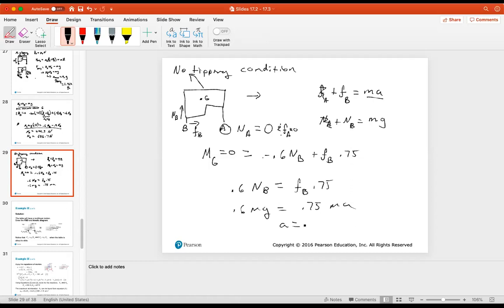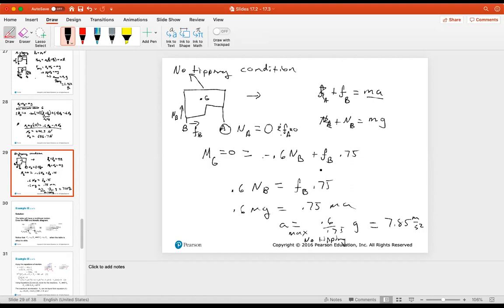So A would equal, so the max acceleration with no tipping condition imposed would be 0.6 over 0.75 times g, and if you plug in numbers, that's 7.85 meters per second squared.